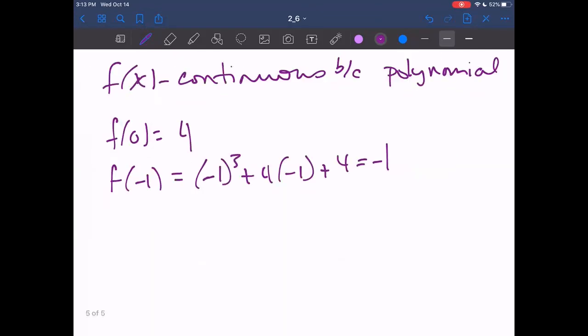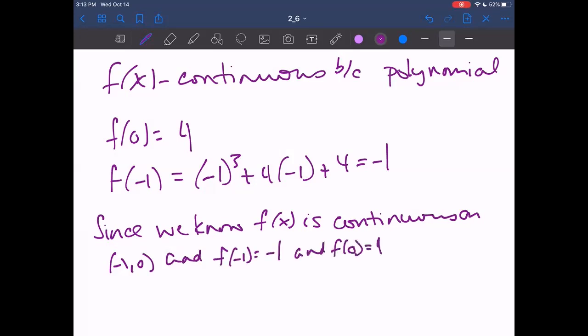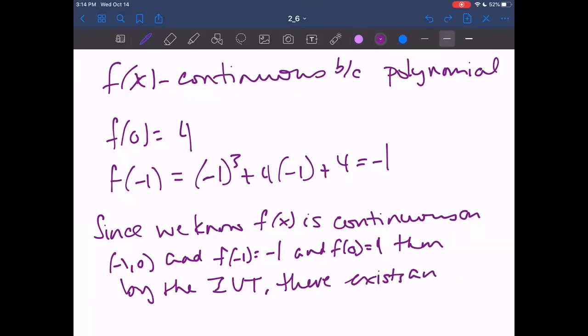So since we know that f of x is continuous on -1 to 0, and f of -1 is equal to -1, and f of 0 is equal to 4, then by the IVT, or the intermediate value theorem, there exists, let's say a C, stick with the definition, such that C is in between -1 and 0, and f of C is equal to 0.